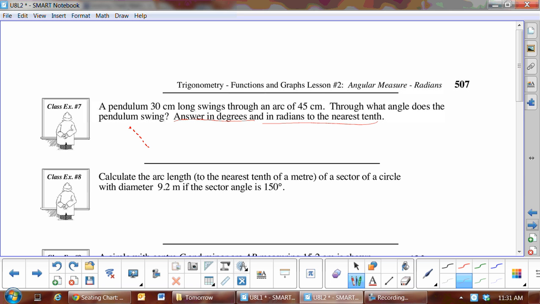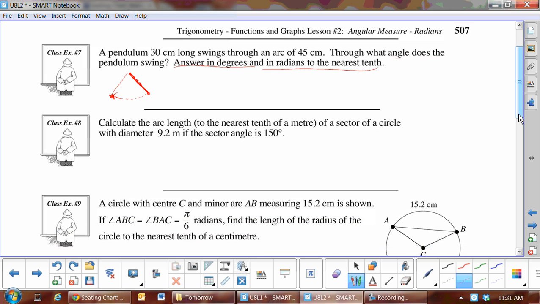There's the string, it starts there, and does this little path, comes over here. It tells us that the length of that string is 30 centimeters. It tells us that it goes through an arc of 45 centimeters. It wants to know, what is that angle?